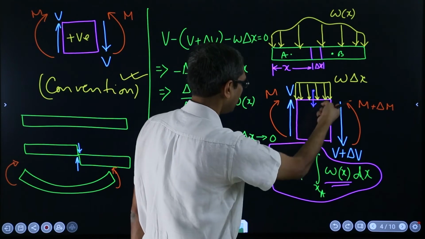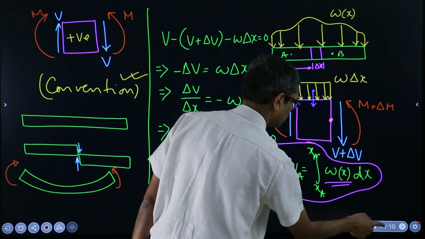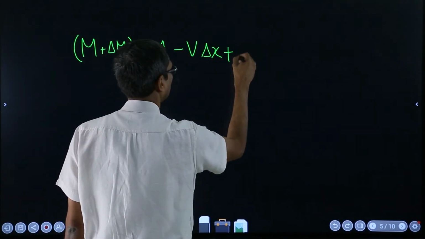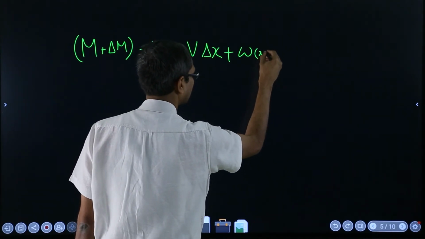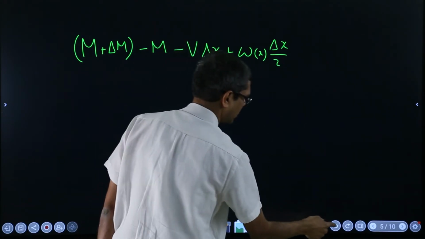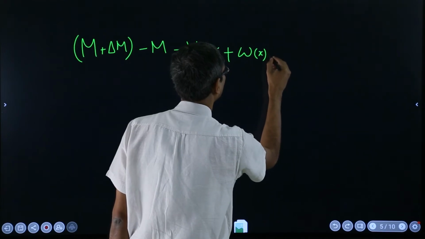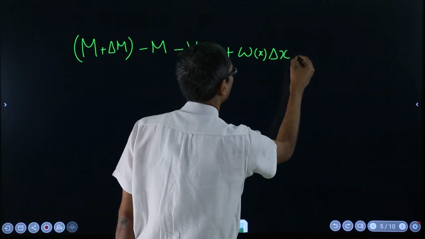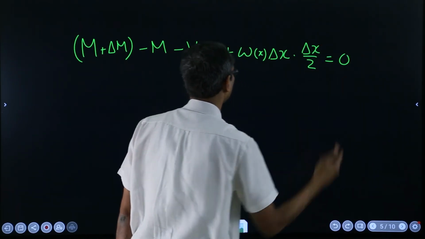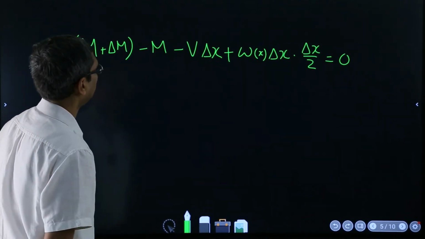What else is there? Then plus w at x times delta x is the load, and the moment arm is delta x over 2, so this goes to 0, right?